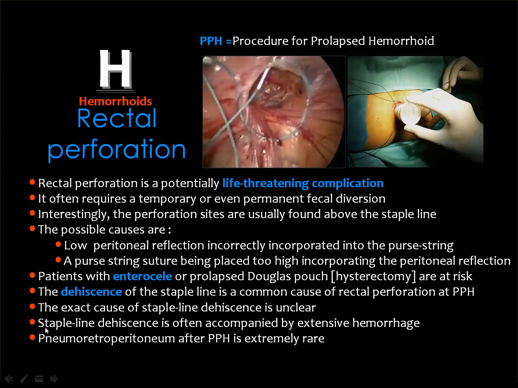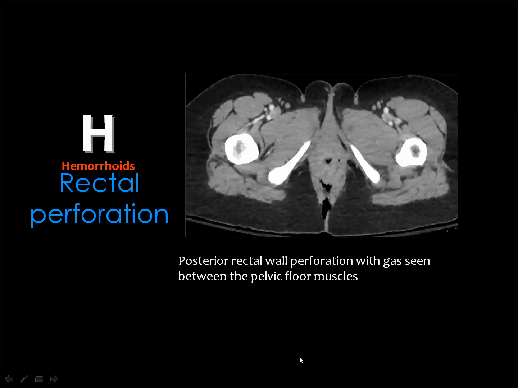The staple line dehiscence is often accompanied by extensive hemorrhage, but the presence of pneumoretroperitoneum is extremely rare. And if you see air loculi, then this is the localized site of perforation.